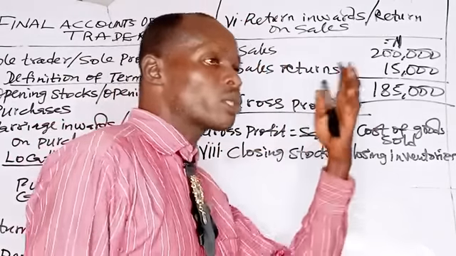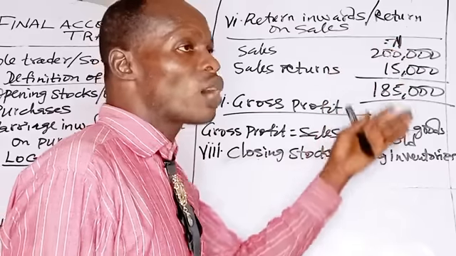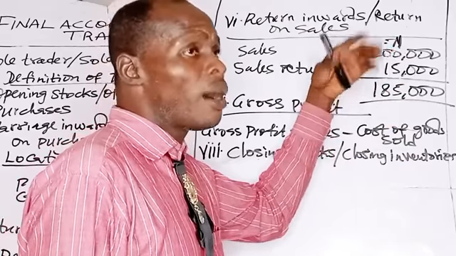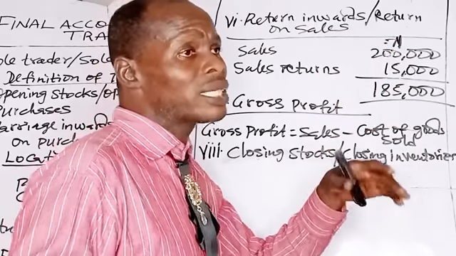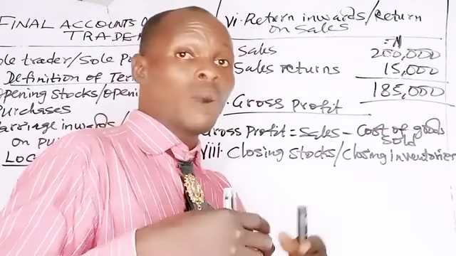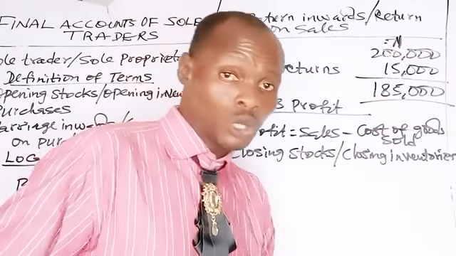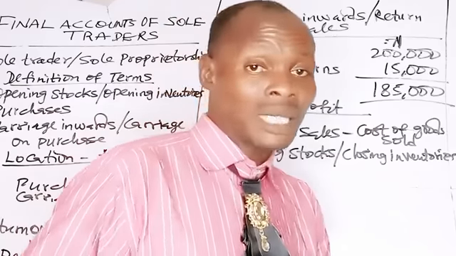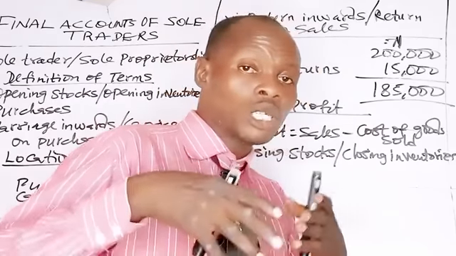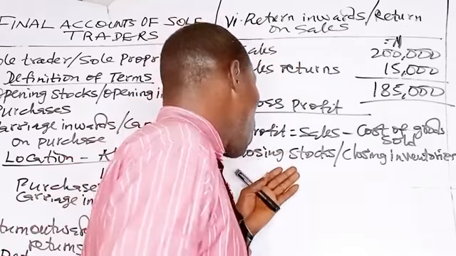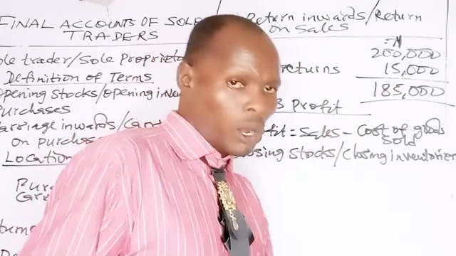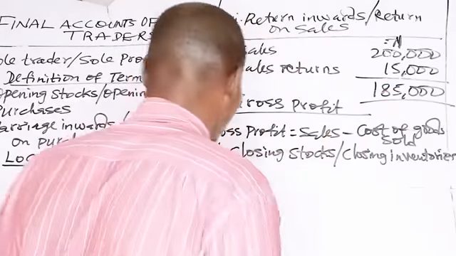You have bought some stocks during the period and you had some in hand at the beginning of the period. Then after sales have been made during the year, you are still left with some stocks that have not been sold. Those are called closing stocks or closing inventories.